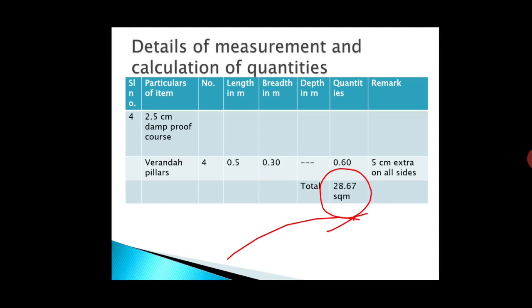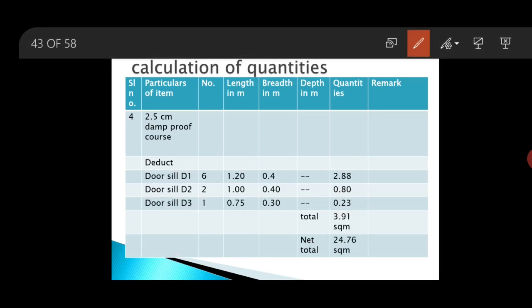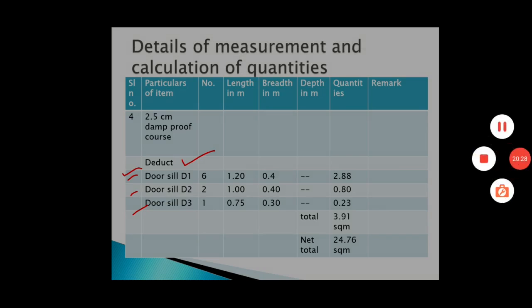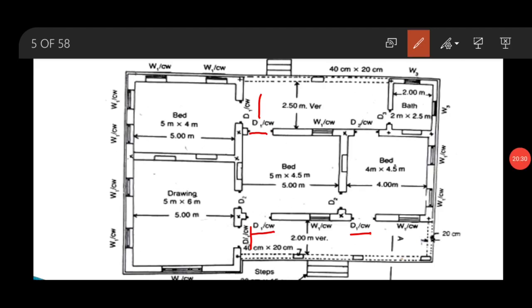So in the next step you have to deduct the door sills. There are three types of door, D1, D2 and D3 with different dimensions. First we will go for the calculation of D1. See here, there are 5 numbers of D1 type of door.